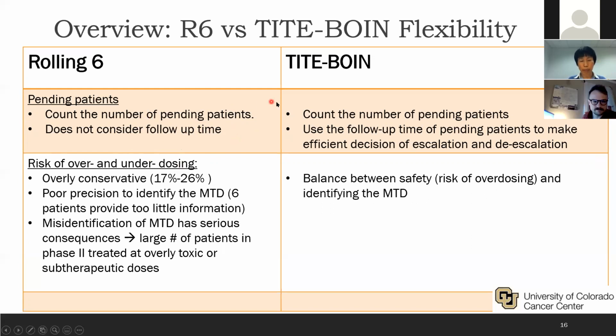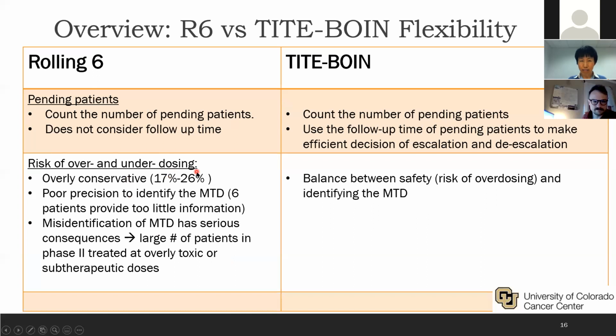For example, a pending patient who is 3 days away from completing DLT assessment is less likely to experience a DLT than a pending patient who has been followed for only 3 days. So the time-to-bound design not only counts the number of pending patients, but also uses the follow-up time of pending patients to make efficient decisions of escalation and de-escalation.